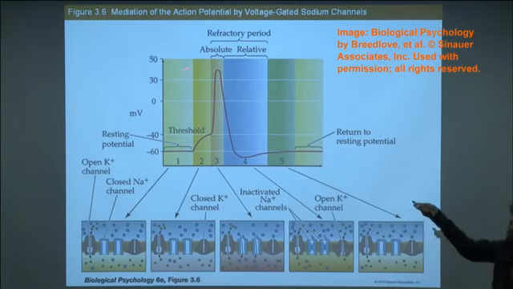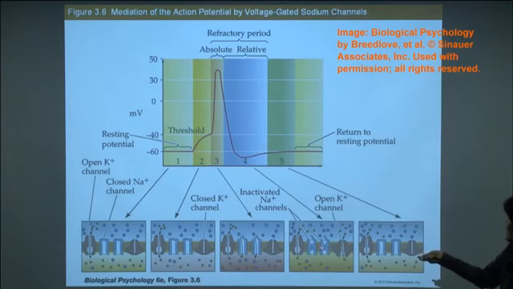They open up, they allow all of the sodium to rush in, and then they get inactivated, okay? And then finally, when the membrane comes back down, of course, these just close because they're not activated by the change in the membrane potential anymore. And the voltage-gated potassium channels, again, are only activated way up here at this voltage.